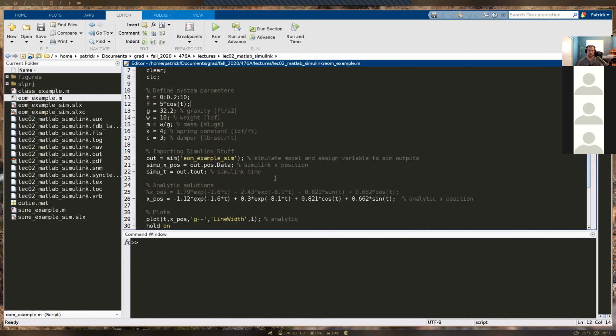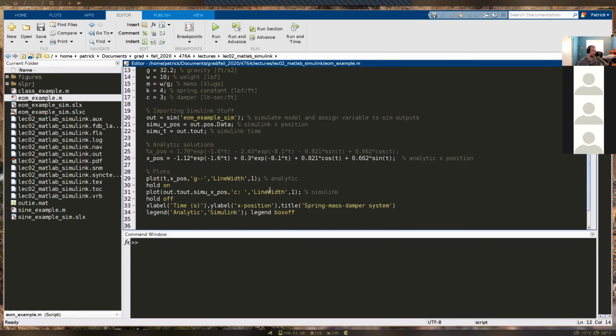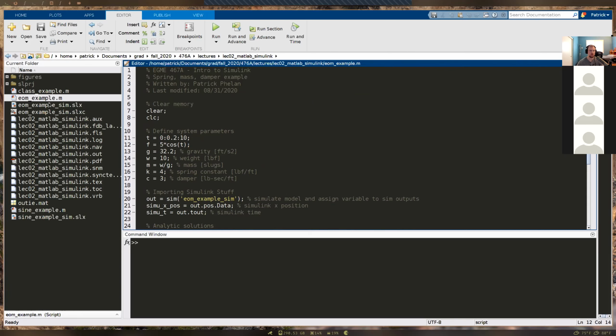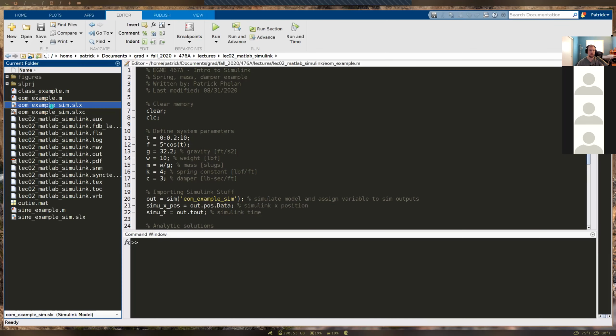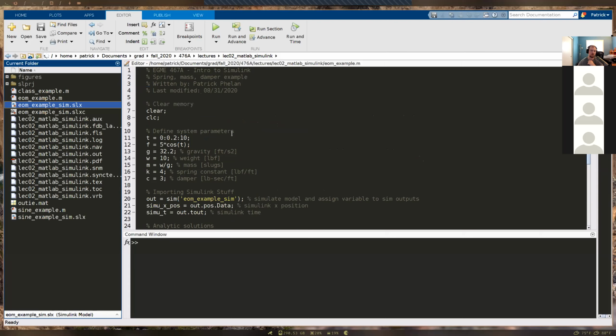All right, so here's my script here. Again, we're going to go over this next time, but here's the script, and I'll open up the model as well. Simulink takes a little bit to open up, kind of slow.